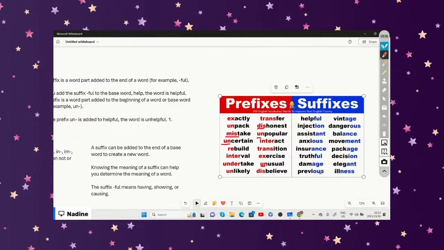And like we say, here are a few prefixes. And the ones that we are focusing on today, I'm underlining, even unpopular.